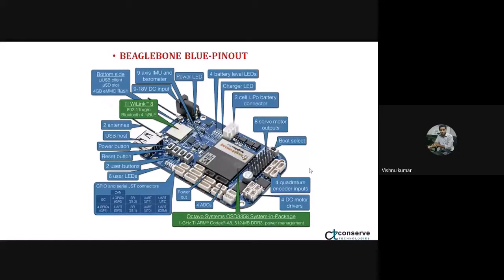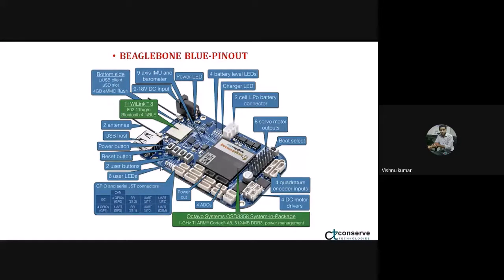Wheel encoder inputs we can connect here. We will discuss the applications of the encoder and ADC later. These are I2C, CAN, SPI, UART, and GPIO, the connectivity features of BeagleBone.